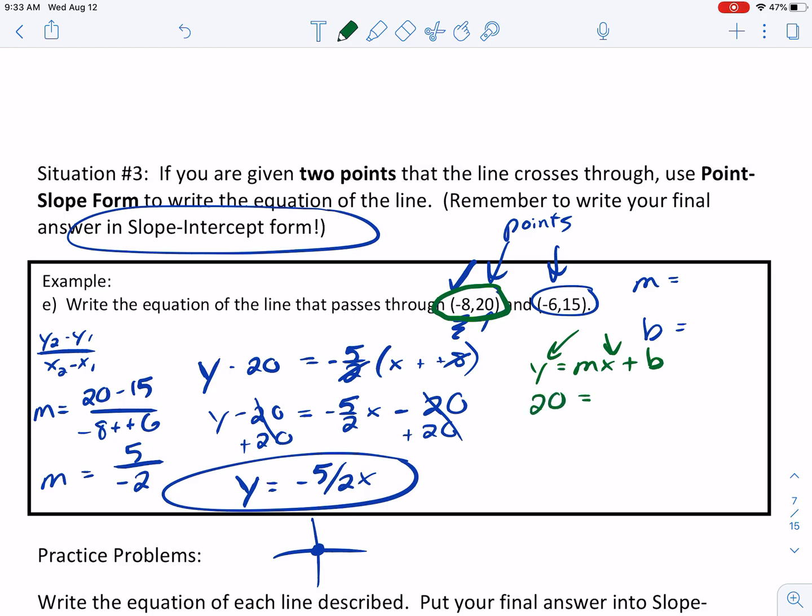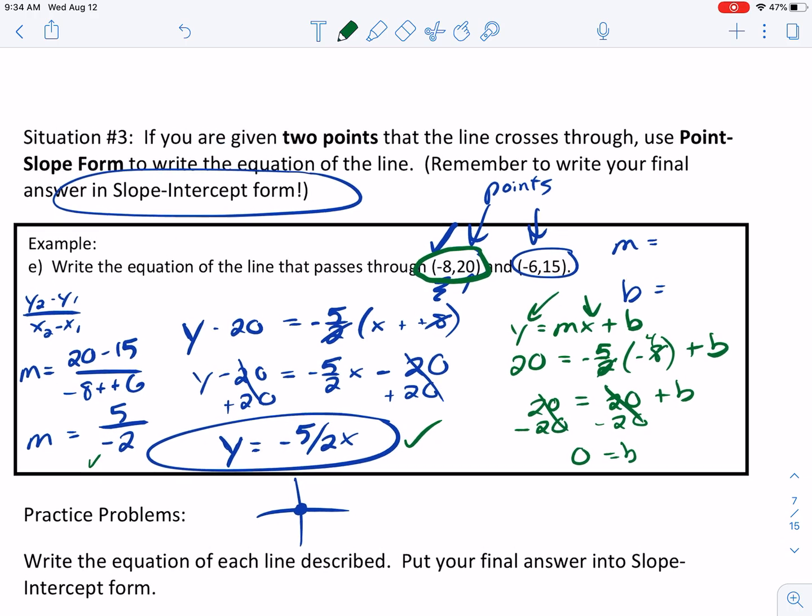The slope we already found, it's -5 over 2. x is -8 for this point, and then we're going to solve for the b. We still need the y-intercept. We still need our b value. 2 goes into our 8 four times, and we get +20 plus b. So there you can see you get the same thing. You get a y-intercept of 0, so you would write your equation the same exact way here.